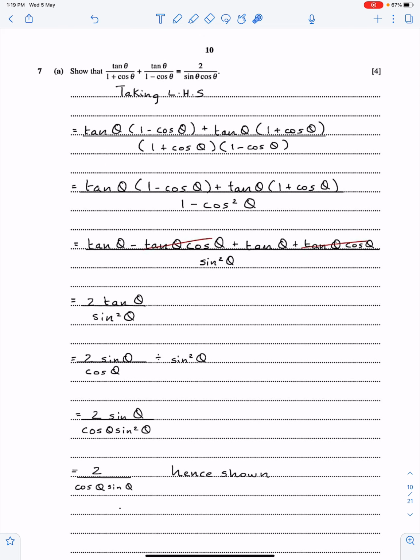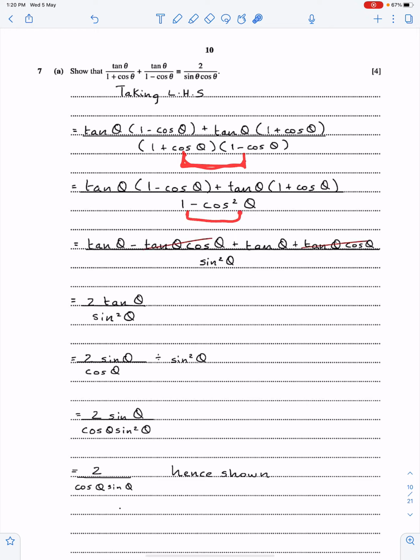Question number 7. Show that this identity can be expressed in this way. So by taking this left hand side and taking LCM, we have this thing. By simplifying, in the denominator we use the formula a plus b, a minus b.